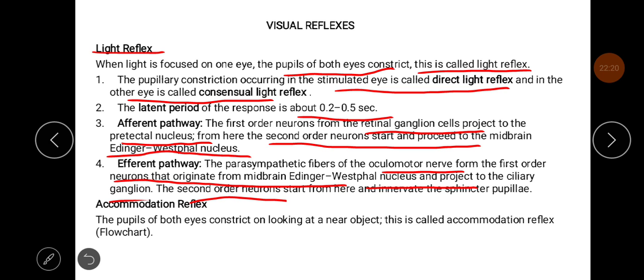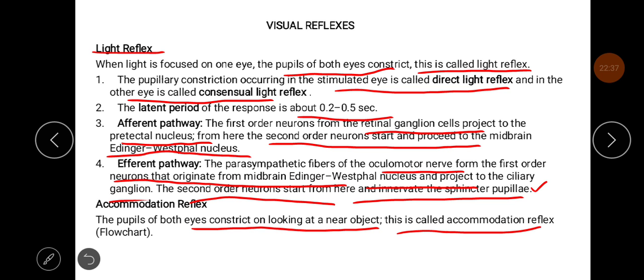The second order neurons start from here and innervate the sphincter pupillae. Accommodation reflex: the pupils of both eyes constrict when looking at a near object, and this is called the accommodation reflex.